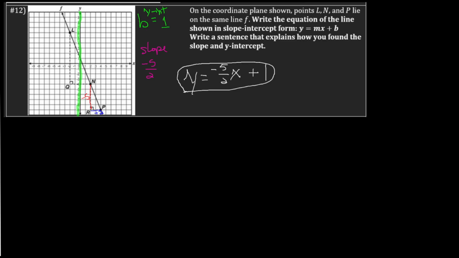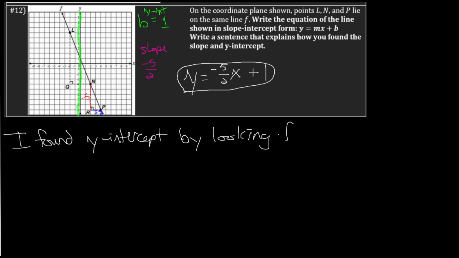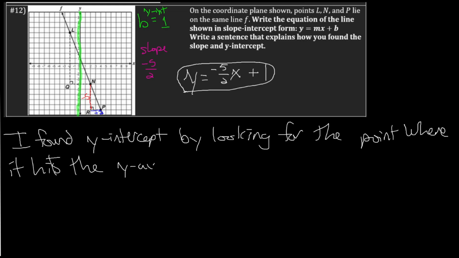For example, you could say something like, I found 2 points on the line, and I subtracted the x and y coordinates. So I could say, I found the y-intercept by looking for the point where it hits the y-axis.